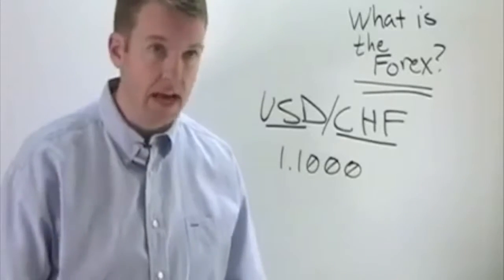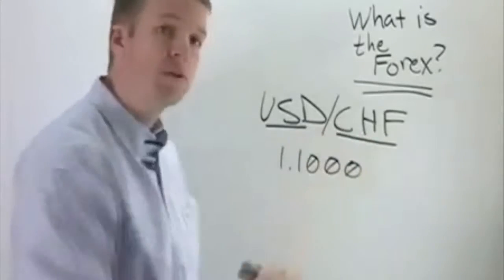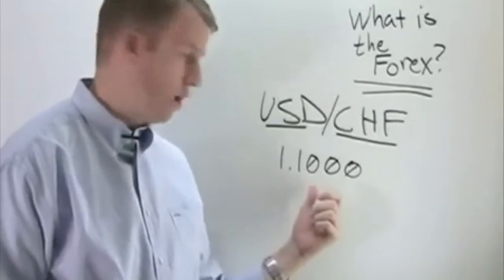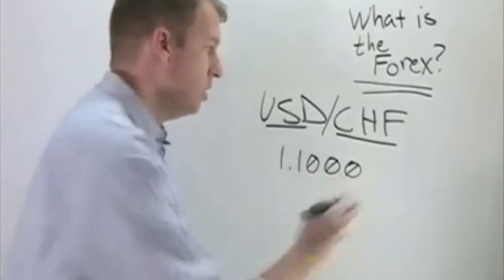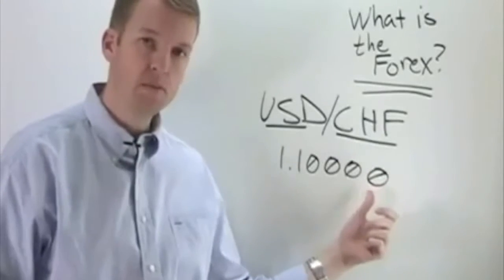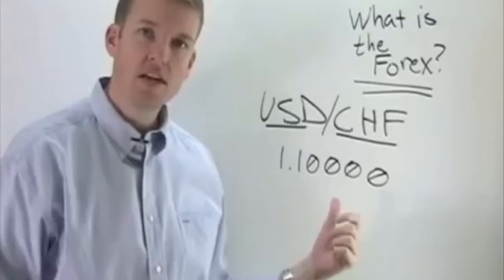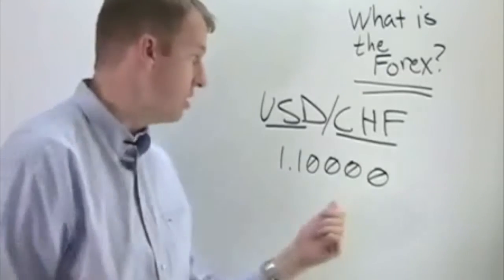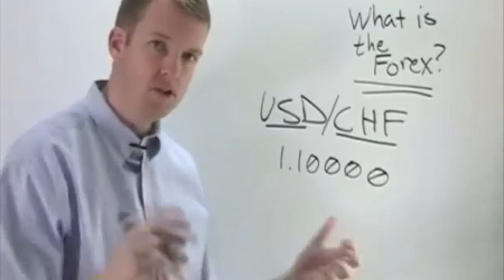Now some time has elapsed, the relative value between these two currencies has changed, and they now have an exchange rate of 1.1000, or in some cases you'll see a quote taken out to the 5th decimal place. So it's changed. Essentially we've lost 1,049 pips in the exchange rate. It's actually dropped that much.